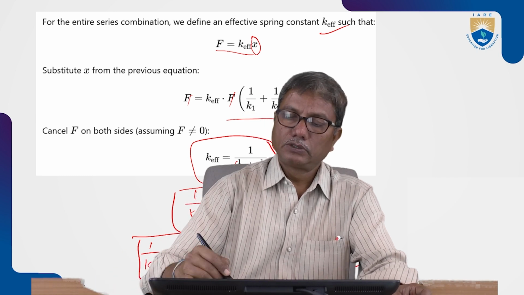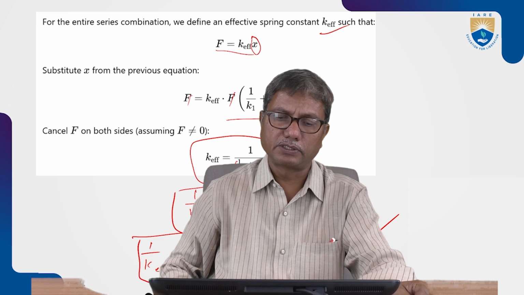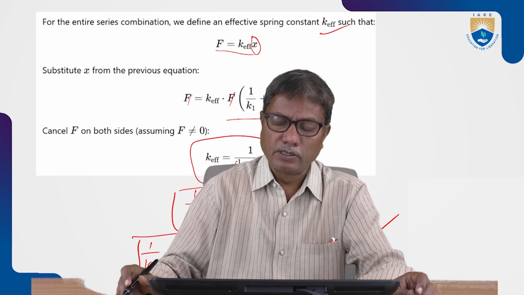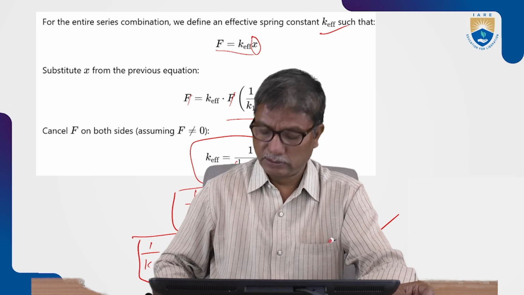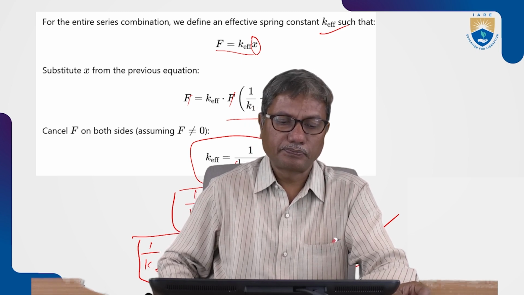So this formula gives the stiffness of the equivalent spring which replaces the given series of springs.